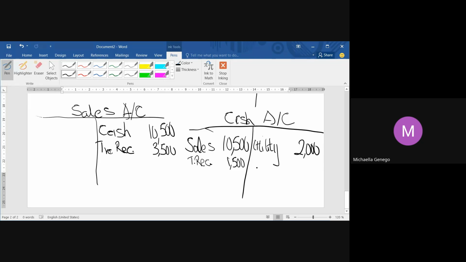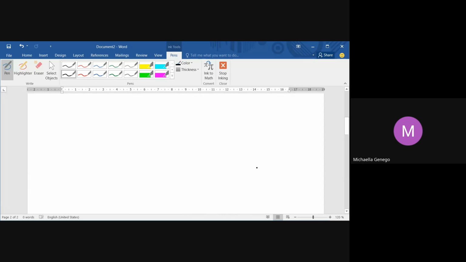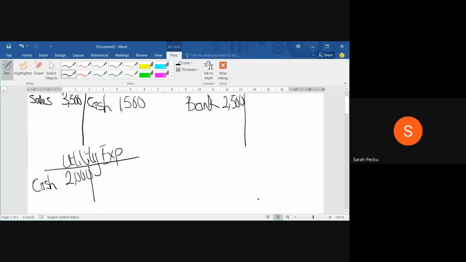Let's move on. Number 12. Gloria withdrew 2,000 Ghana cedis cash for personal expenses. So this one is the drawings account.